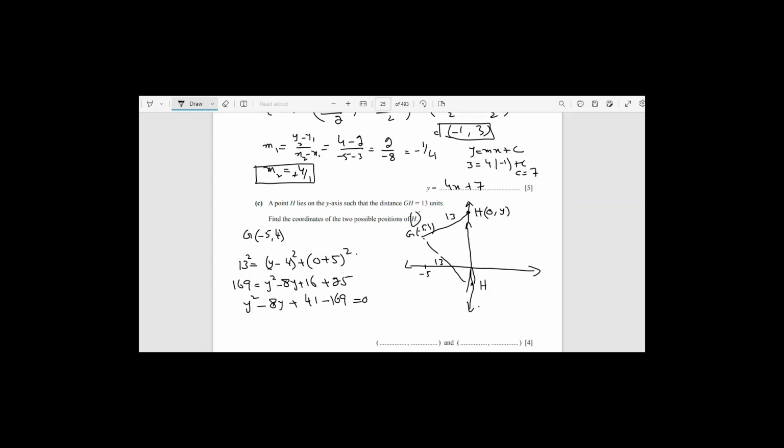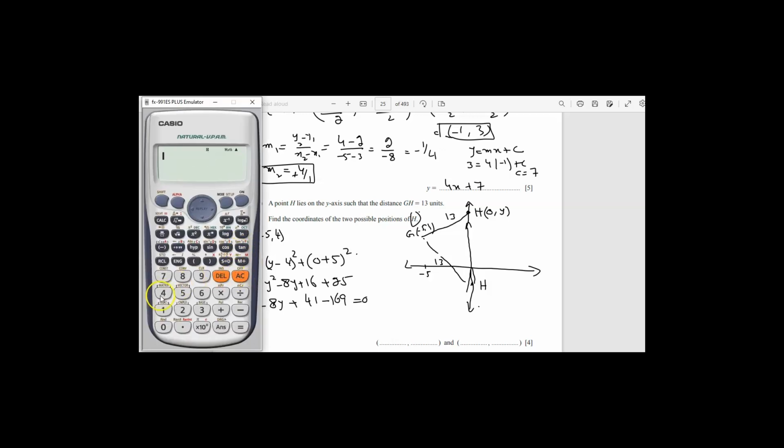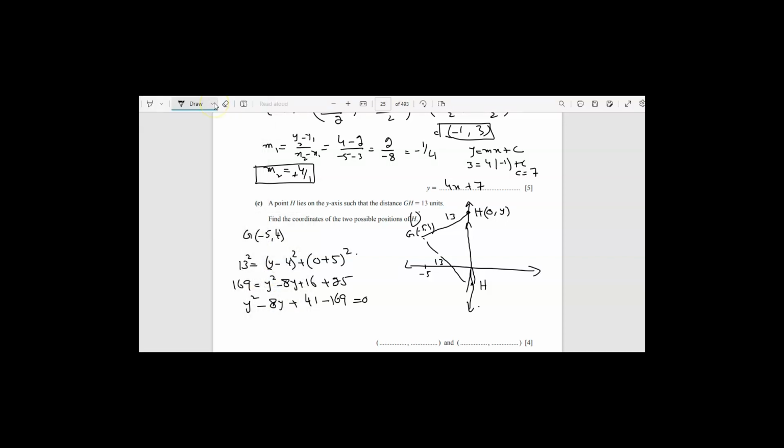So we will simplify it. 41 minus 169 is how much? 41 minus 169 is negative 128. So y square minus 8y minus 128 is equal to 0.